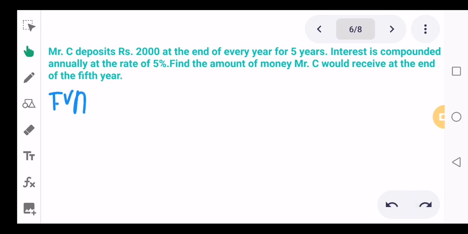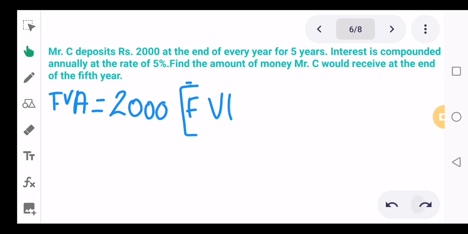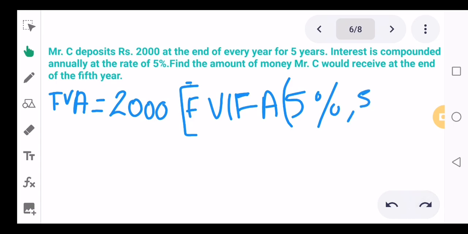Now the future value of annuity is equal to 2000 into the future value interest factor of annuity for 5 years at the rate of interest of 5%.